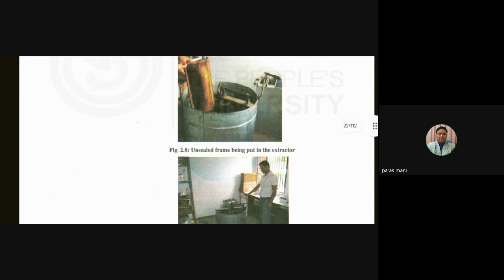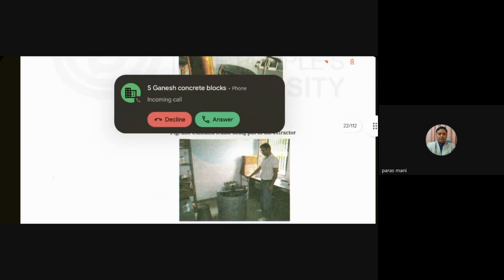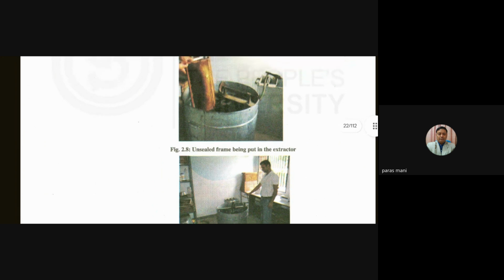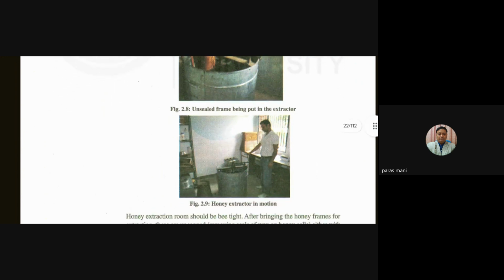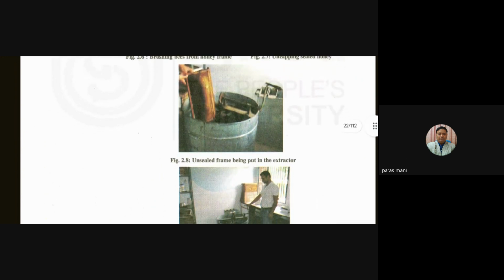This is the honey extractor, which works on centrifugal force. You can see videos of honey extraction on YouTube or any other sources, and you will get a proper idea about that.